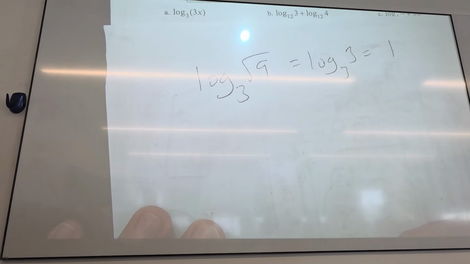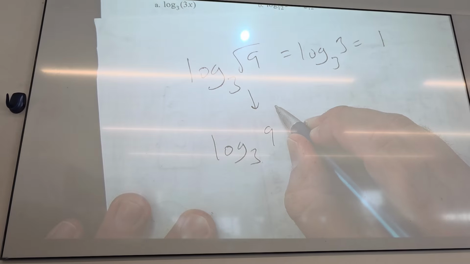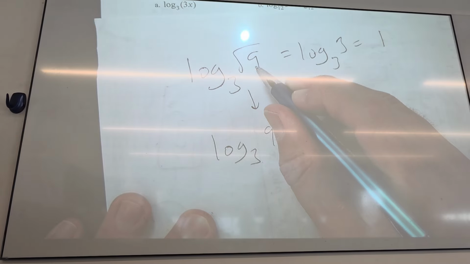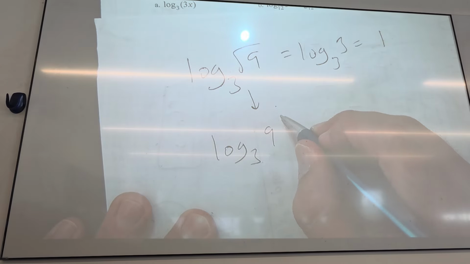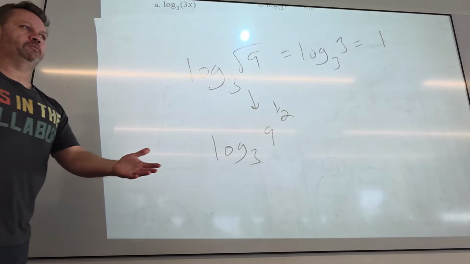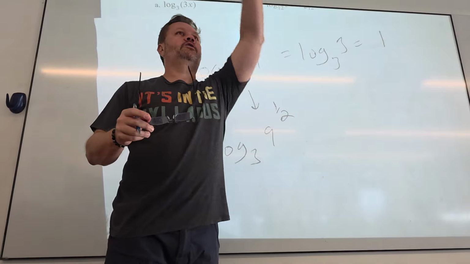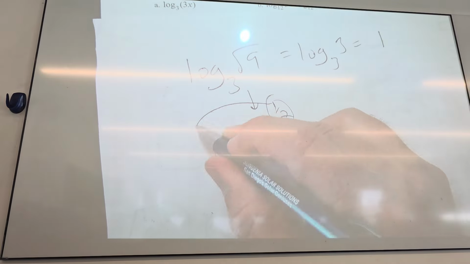Now, if I wanted to, how can I rewrite this? Square root of 9. How can I rewrite it? It's 9 to the 1/2 power, yes? Square root cuts things in half multiplicatively. You guys with me? What can I do with the 1/2 power? You can move it to the front.